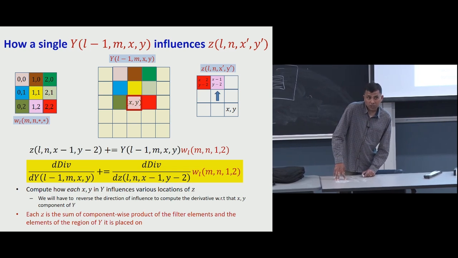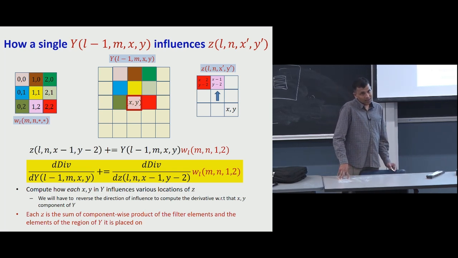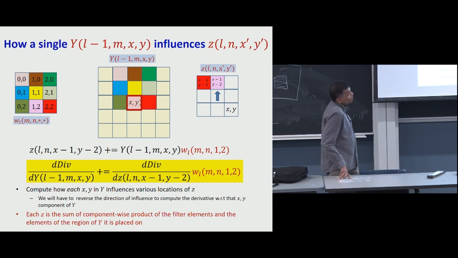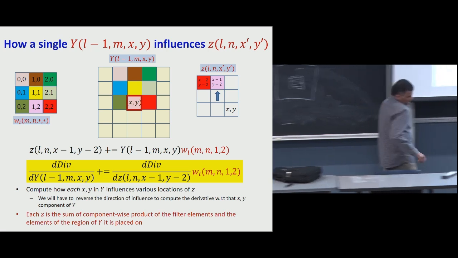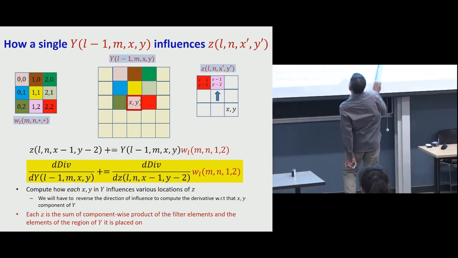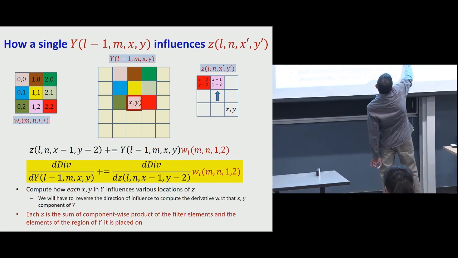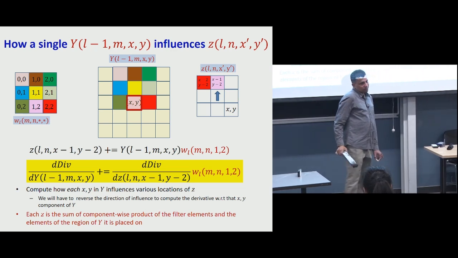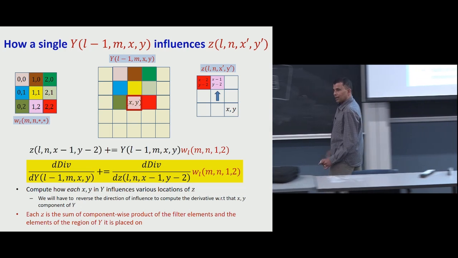And now which z position are you computing? The z position you're computing is 1, 0, right? Which weight do you use for it? That is the pink one, 1, 2, right? So in general, for any xy, zx minus 1, y minus 1 is based on yxy times w12. Look at the location of the color, okay?